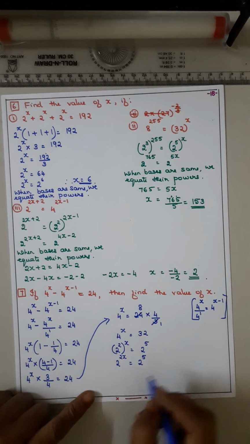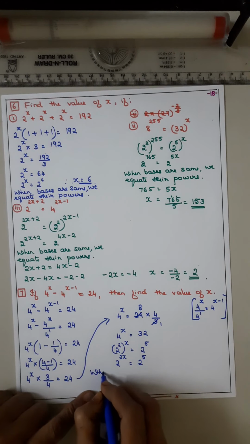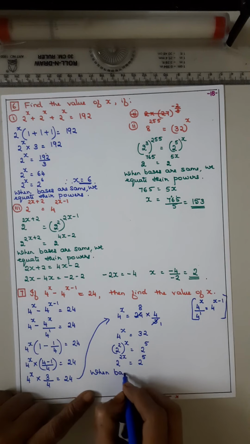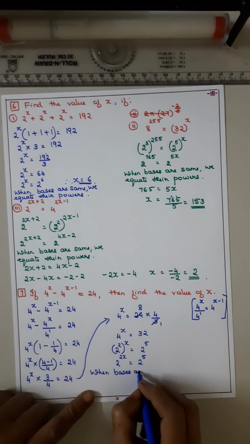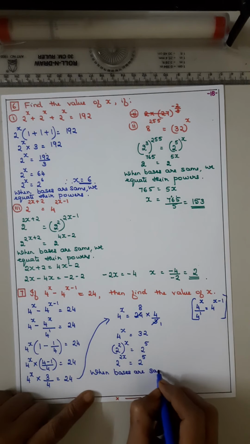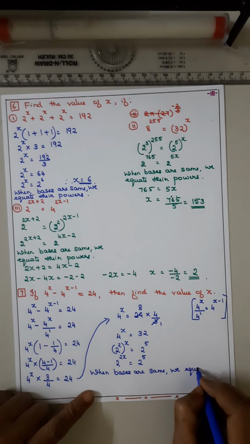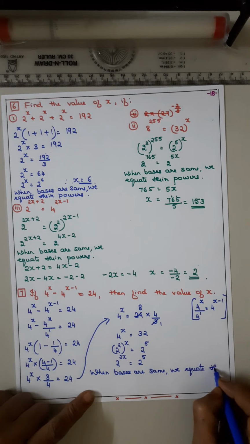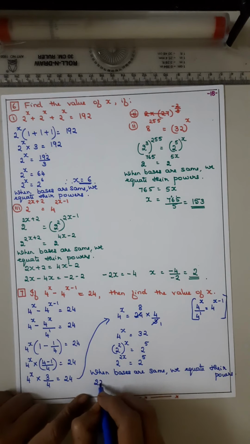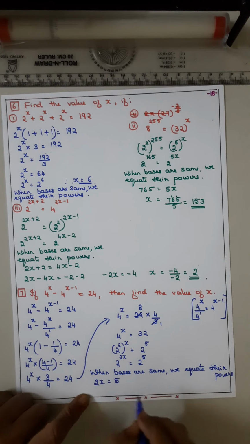Okay. Now the bases are same. When bases are same, we equate their powers. That means 2x is equal to 5.